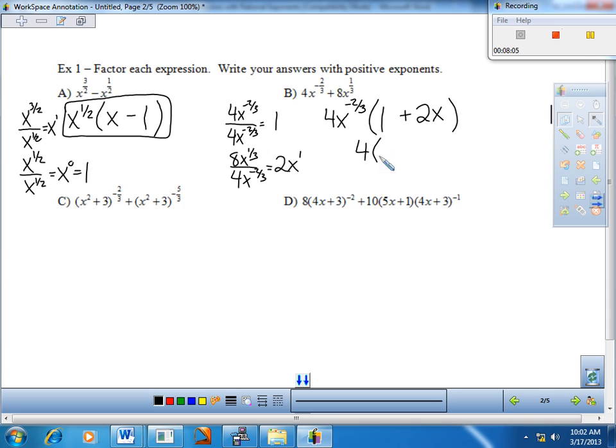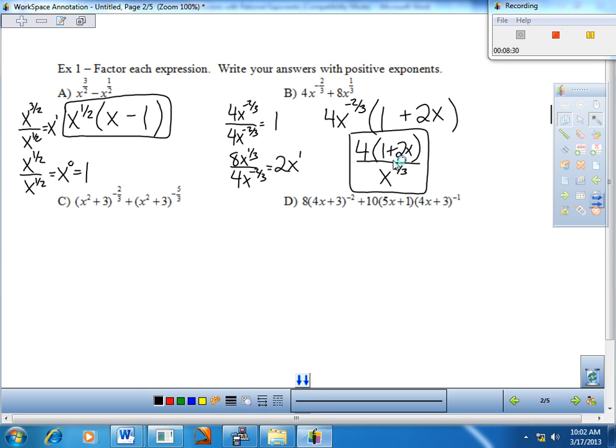Remember, it's only the x that has it, not the 4. So it seems like that's going to go on down. And again, better expressed using that positive exponent there. And now we can really truly see numerator in contrast with the denominator. So the x to the 2/3 comes on down.